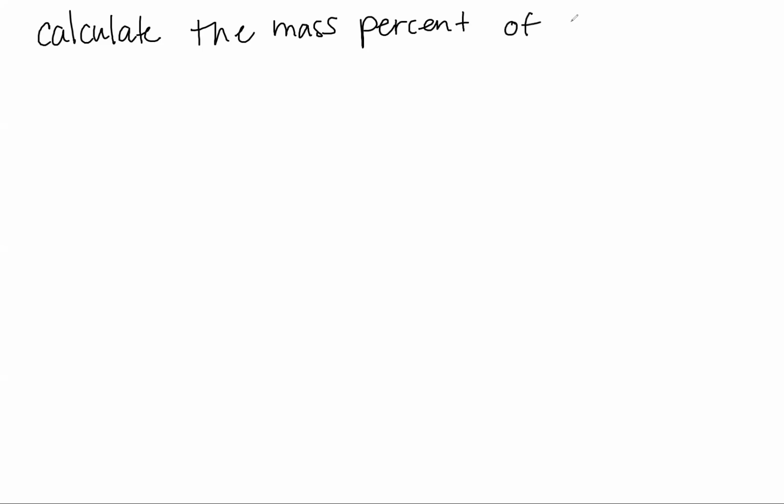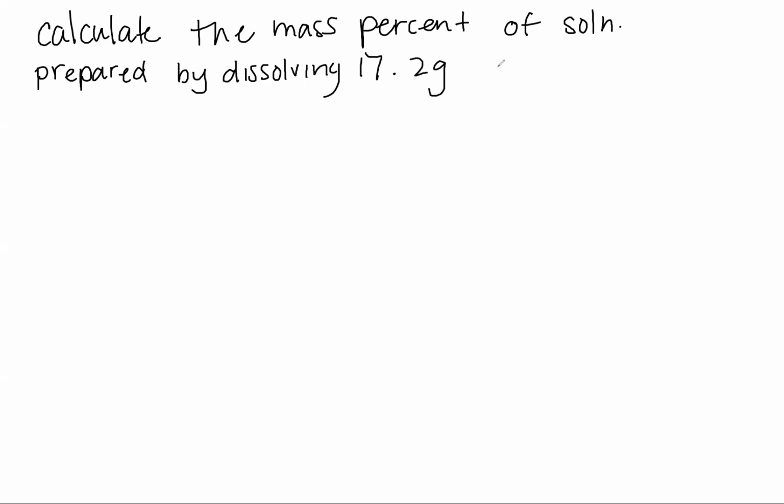So calculate the mass percent of a solution prepared by dissolving 17.2 grams of NaCl in 149 grams of water.